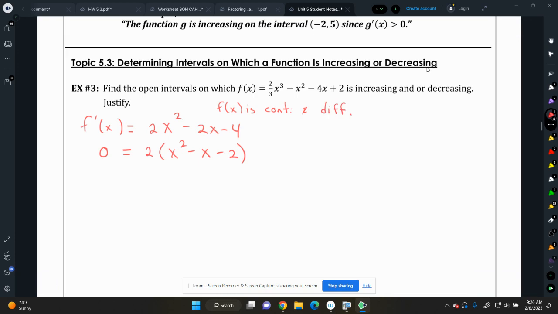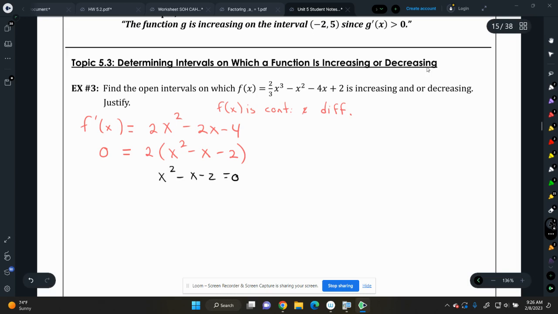This is where most of you are going to struggle. Finding the zeros. It's the algebra, right? So we need to find the zeros. So 2 does not equal 0. So I'm looking at x squared minus x minus 2 equals 0. So I'm going to factor, and some of you really struggle with the factoring, and that's going to just come back and haunt you.